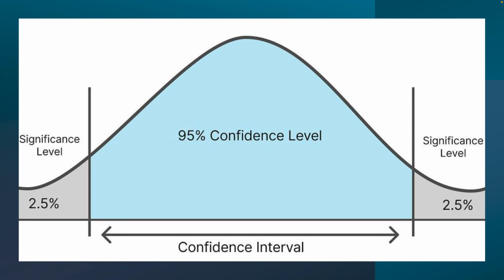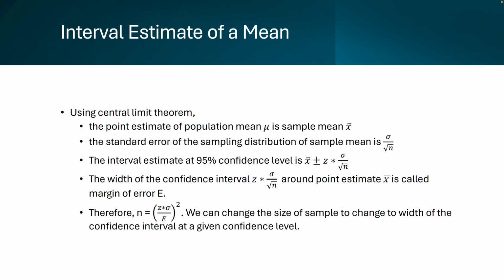Now let us apply this to estimating the mean of the population. So using the central limit theorem, the point estimate of population mean mu is the sample mean x bar. So we got the point estimate. The standard error is given by sigma by root n.